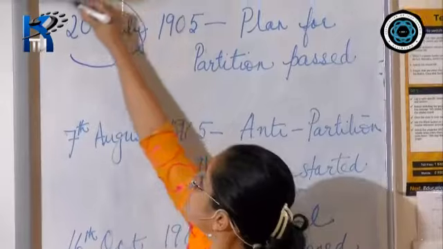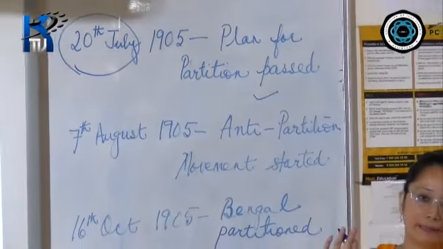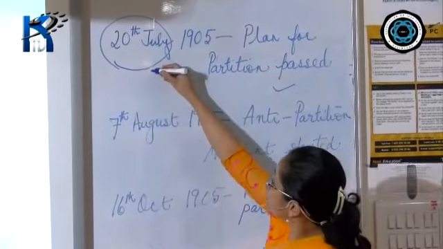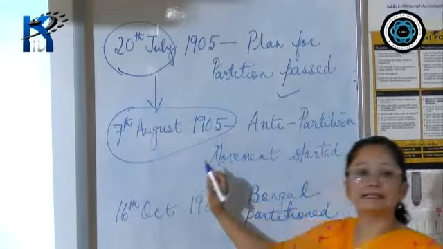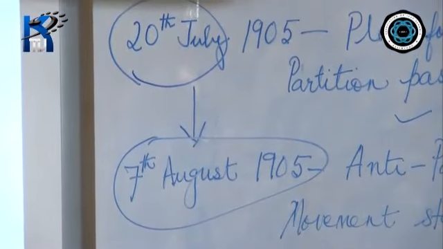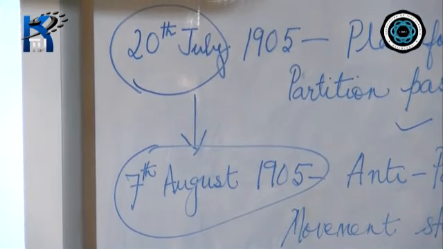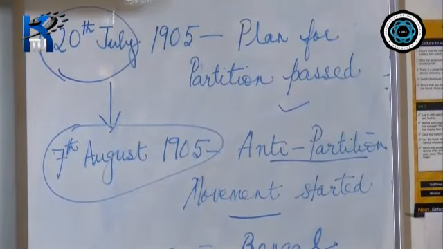Therefore, on the 7th of August, now please look at the time frame. On 20th July, the plan for partition was passed. This is the plan, the announcement. From 20th July to 7th August 1905, almost after a month, the Indians launched the anti-partition movement.